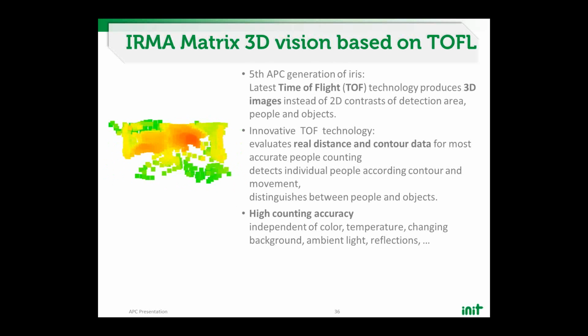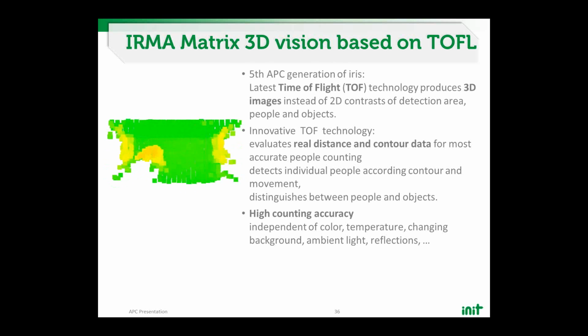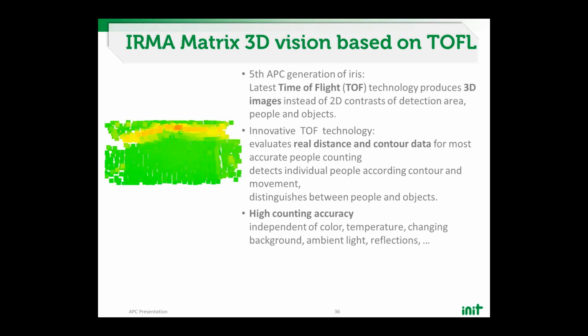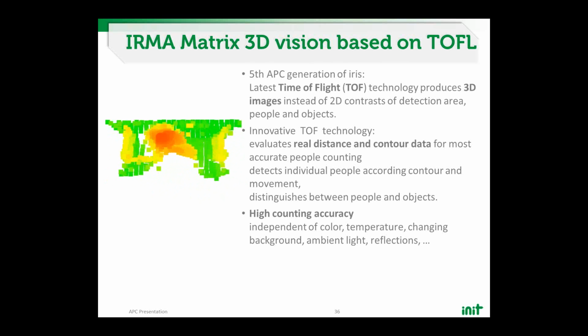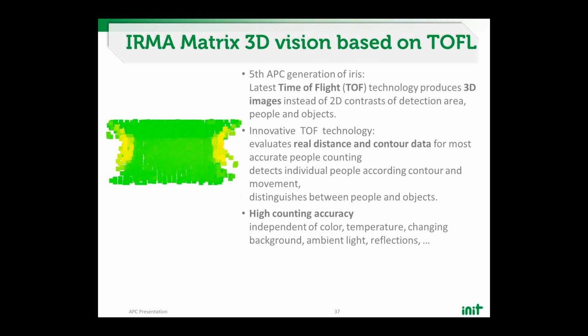Here are a couple of animations as well, so you can see the people walking in. The technology produces 3D images instead of the 2D contrast we had in the past, so you can distinguish the objects with higher accuracy. Here the door is opening, people coming in, and the door is closed again.